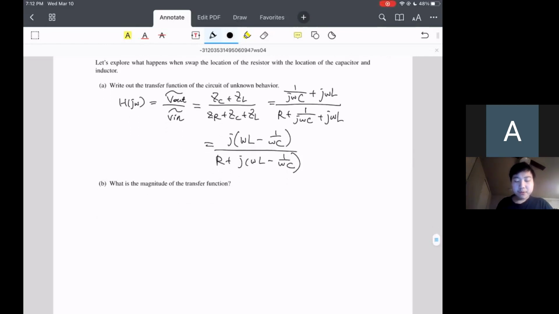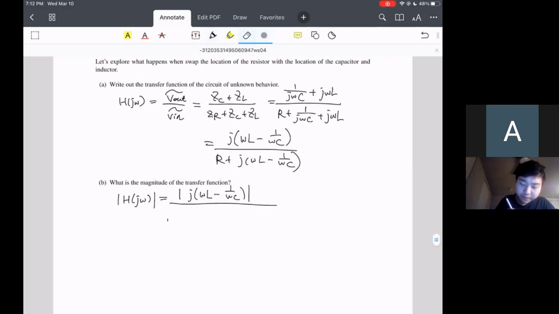Now for part B, what is the magnitude of the transfer function? As we have iterated a couple of times in the past, the magnitude of a quotient is just the quotient of the magnitudes. So this is just going to be equal to the magnitude of j times (omega L minus 1 over omega C) over the magnitude of R plus j times (omega L minus 1 over omega C).